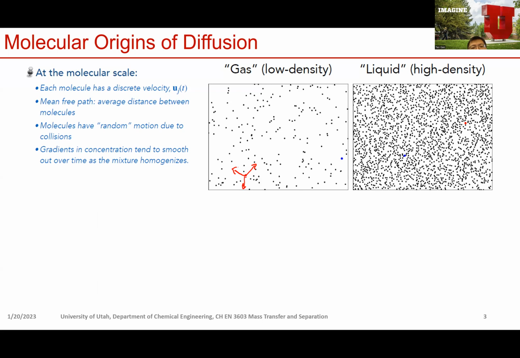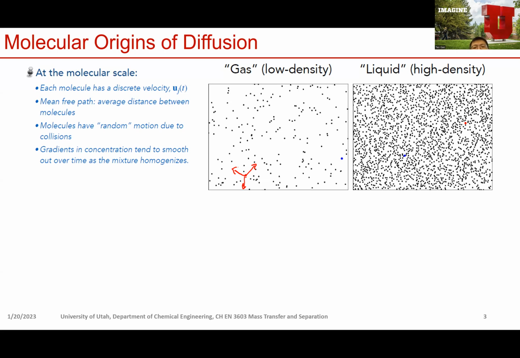We call the distance one molecule can travel before it hits another molecule and changes its trajectory the mean free path, meaning the average distance the molecule can travel before it changes direction.